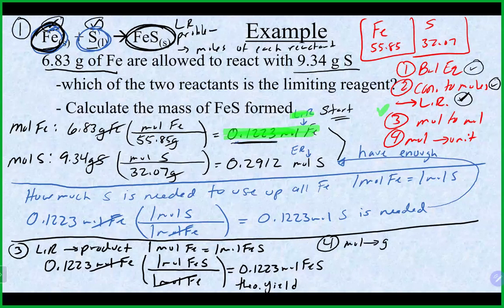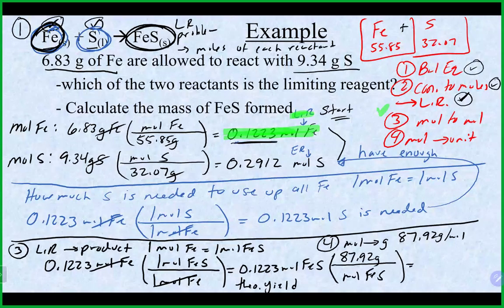in this case, to grams. We will need the molar mass of FeS, so we're just going to add those together. That's going to give us 55.85 plus 32.07. That's going to give us a molar mass of 87.92. So the last part here is we will use that molar mass to convert our moles into grams.